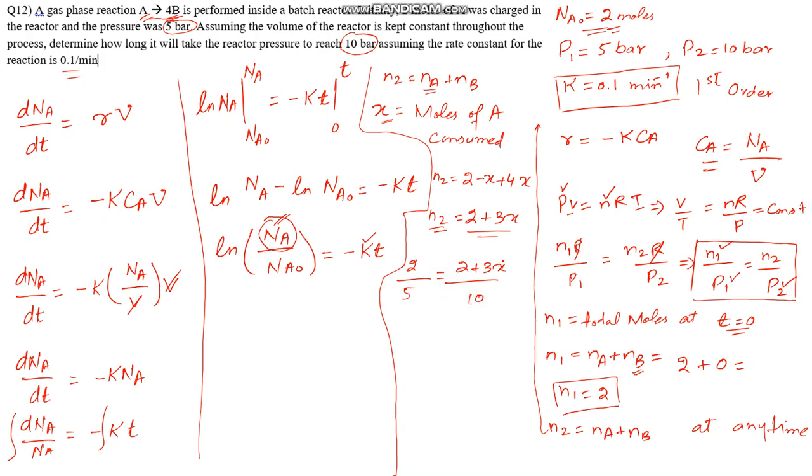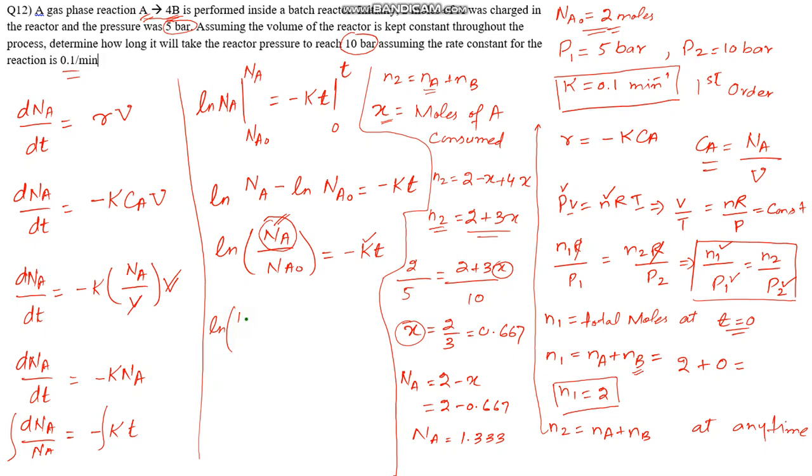From here you can calculate the value of X, and X will be equal to 2 by 3, which is 0.667. X is the moles reacted, and Na will be equal to 2 minus X, 2 minus 0.667, so Na will be equal to 1.333.